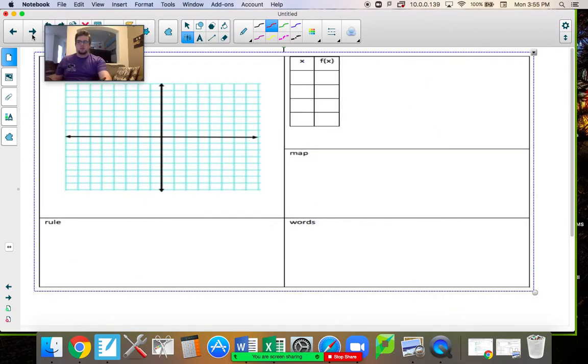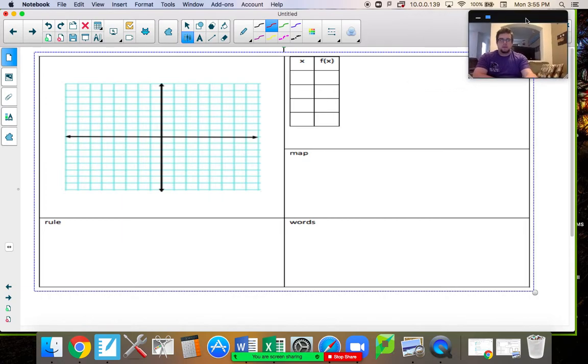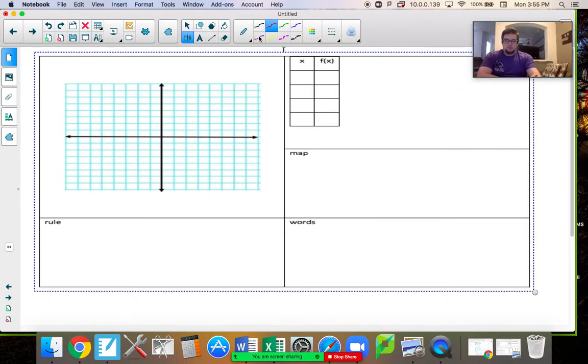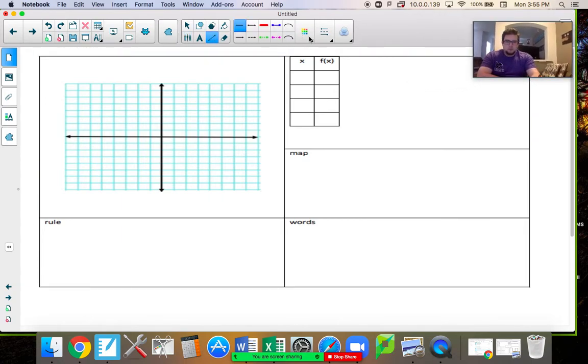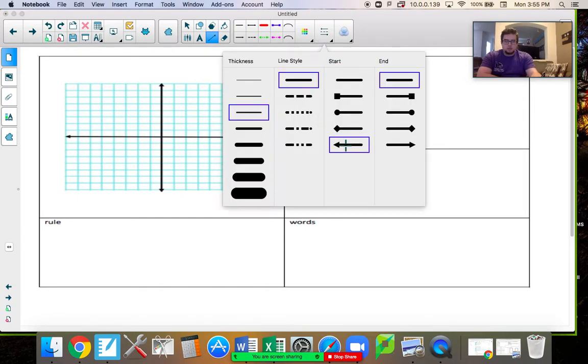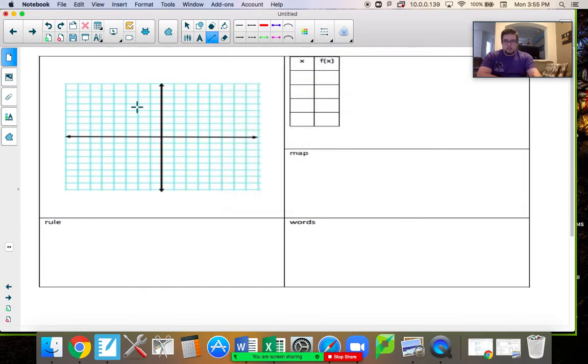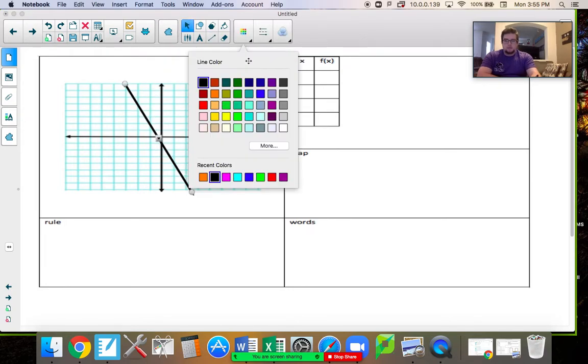Let's practice another one. Let's say we start off with a graph this time. All right, so I start off with a graph. Grab my line making tools here. Put arrowheads on each side because lines go both ways. Like that. Let me change the color so it's a little easier to see.